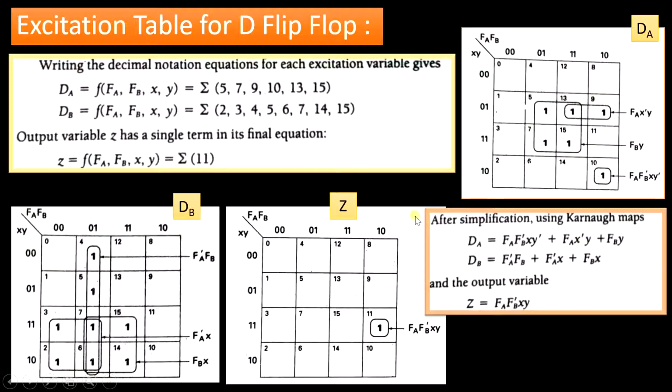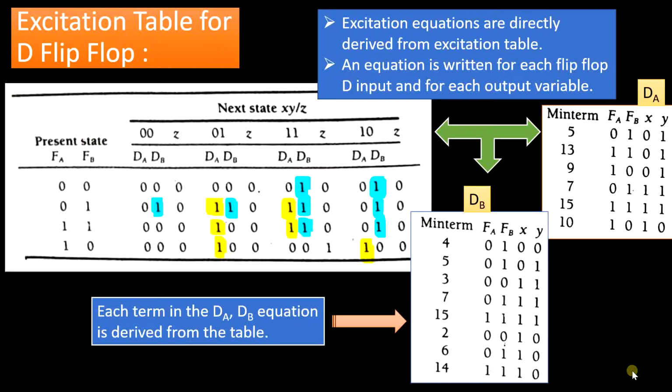So finally, after simplification using the Karnaugh map, these are the expressions that you are going to obtain, and these equations will be called the excitation equations, which are obtained from the excitation table of that particular flip-flop.